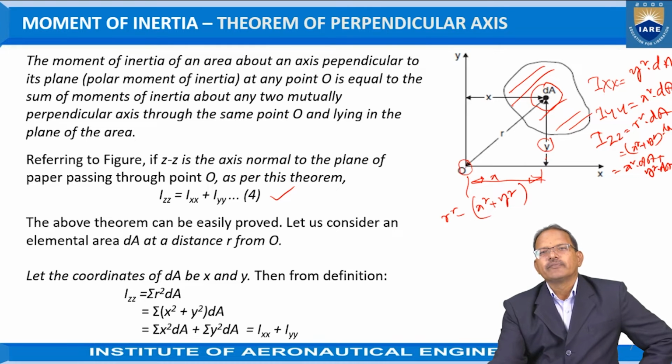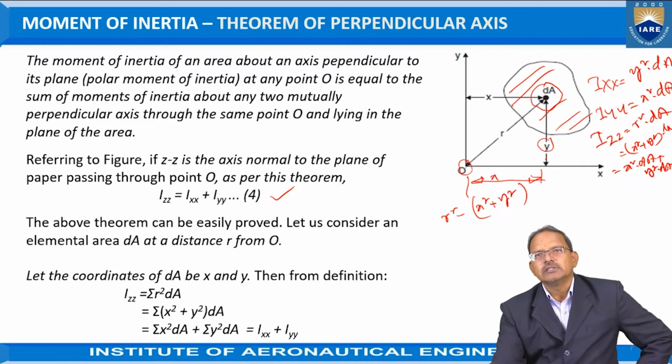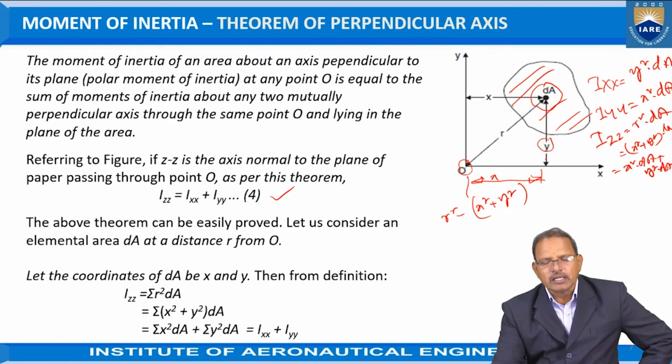That means, if Iy represents the moment of inertia of the plane area about the y-axis and Ix represents the moment of inertia about the x-axis, then according to the theorem of perpendicular axis, Iz is equal to Ix plus Iy. This equation is known as the theorem of perpendicular axis.